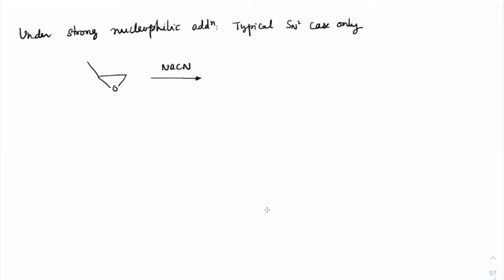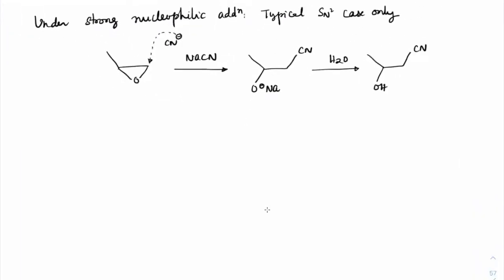NaCN is a strong nucleophile. Strong nucleophiles will always try to attack on the less substituted carbon. Hence, if you see the product, we'll have CN here, O minus and Na plus, which on hydrolysis will give us cyanide here and OH here. This is the final product formed.